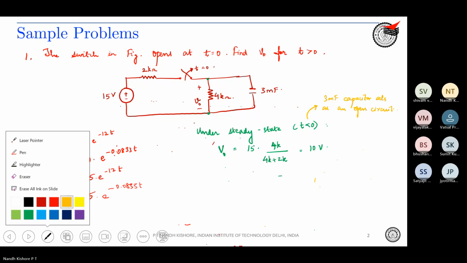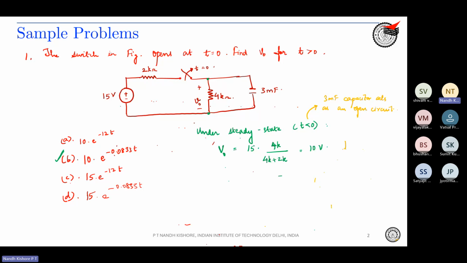That is, you have 15 volt and then 2K, the switch is closed over here, and there is 4K. You see the output across this because the capacitor is open. This will be your capital V naught.